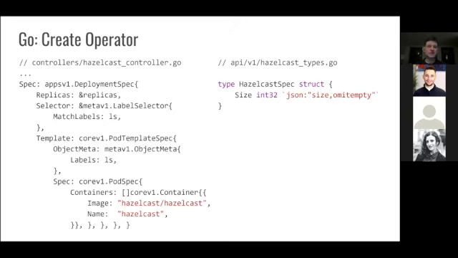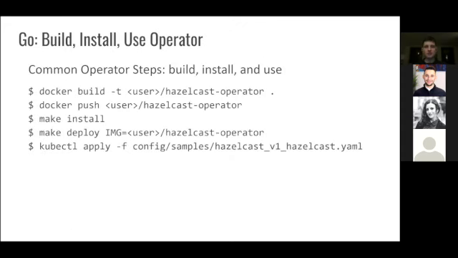So definitely, if you go with the Go language, it requires way more implementation. It's actually way more complex. But the good thing is that you are not limited by anything, so you can even do some custom logic in your software. How to build it and use it? It's still operator SDK, so the steps will be very similar.